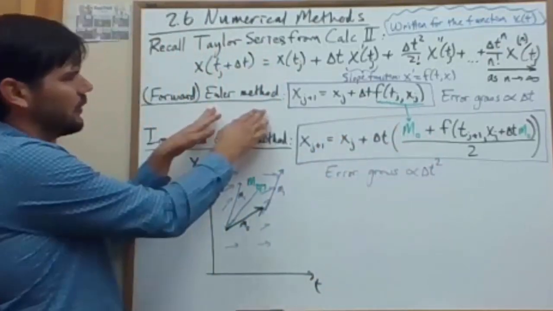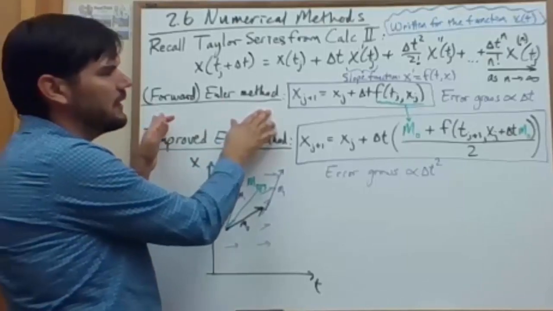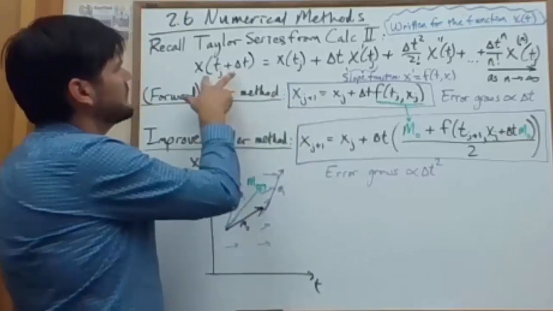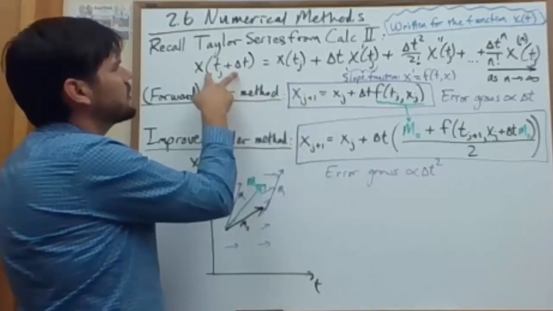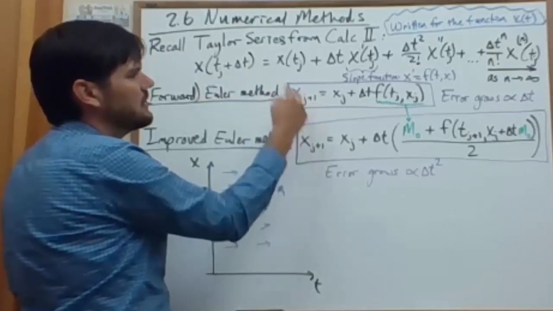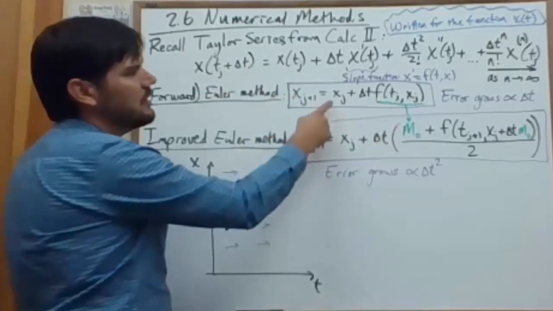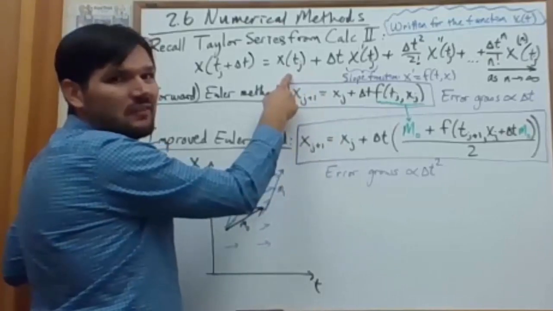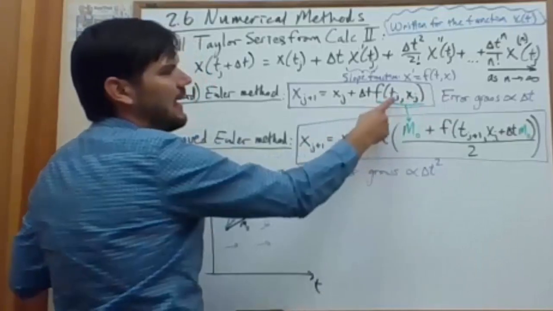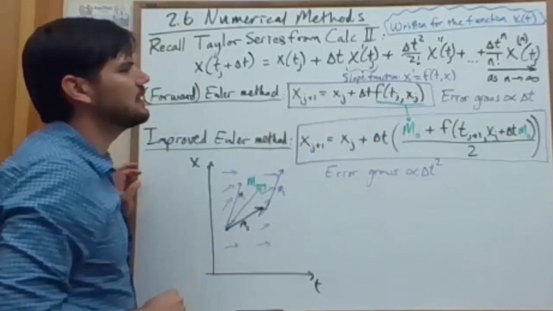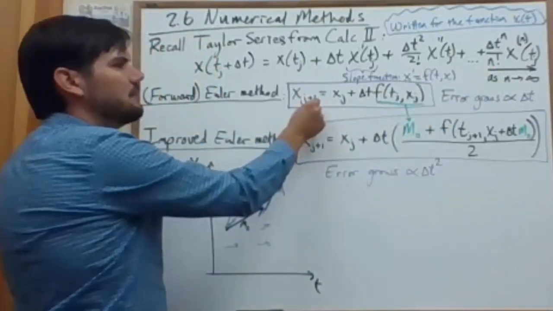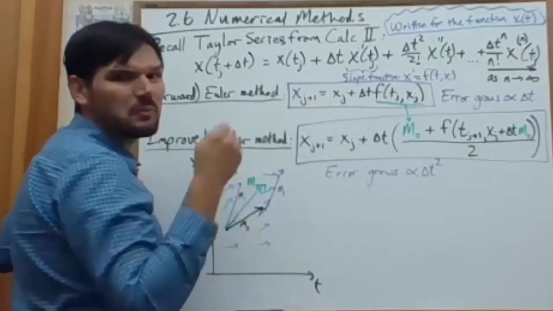So for the Euler method, or sometimes called the forward Euler method, we let x sub j plus 1, which is just a way of approximating the function at t sub j plus delta t. So x sub j plus 1, the next step, is equal to x sub j, the approximation of the function at t sub j, plus delta t times the slope at t sub j, x sub j. So this equality ignores a bunch of higher order terms, but the x's we're working with are approximations.